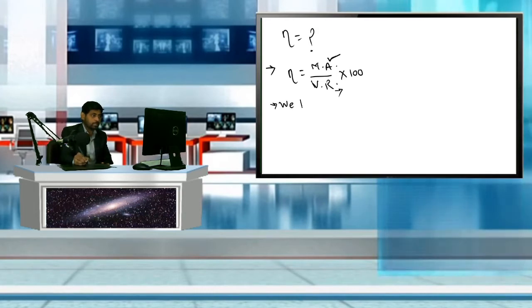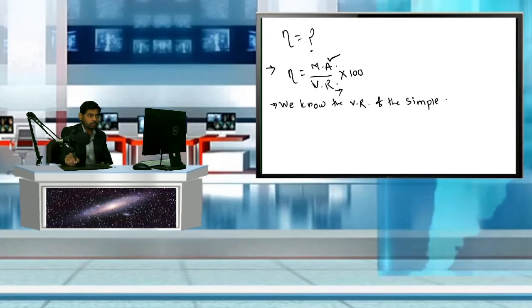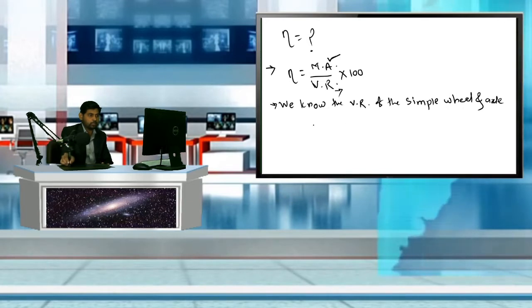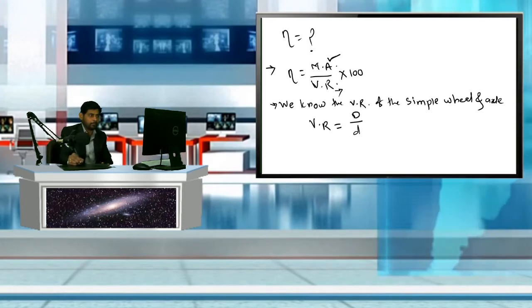So we know the velocity ratio of the simple wheel and axle. That is velocity ratio is equal to capital D by small d.